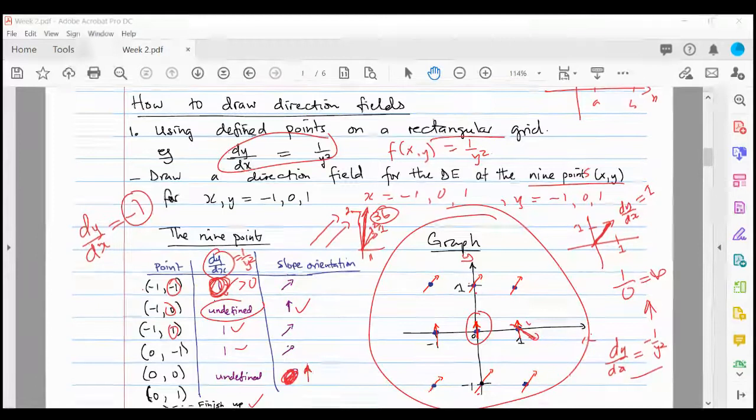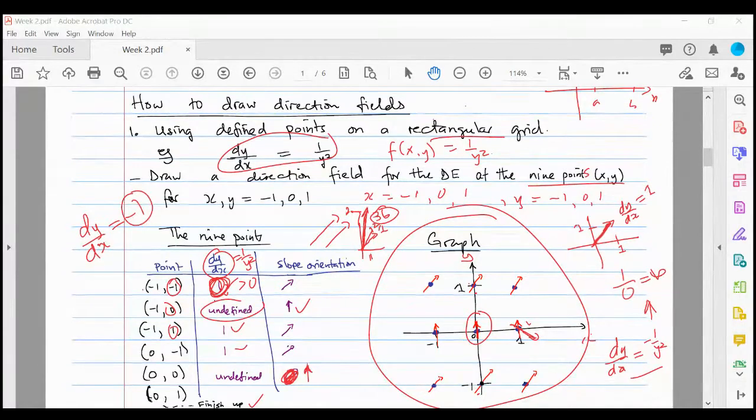Direction fields only use the derivative. They use slopes. So forget about integrating. You're only going to substitute the value of the derivative at a given point.